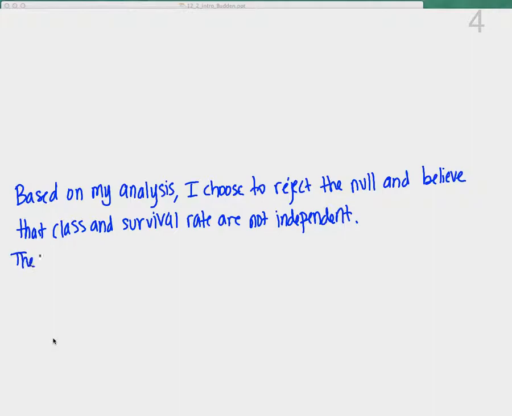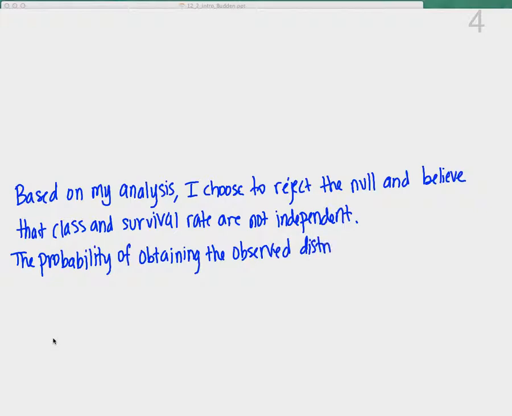The probability of obtaining the observed distribution assuming independence is too rare or not rare enough?